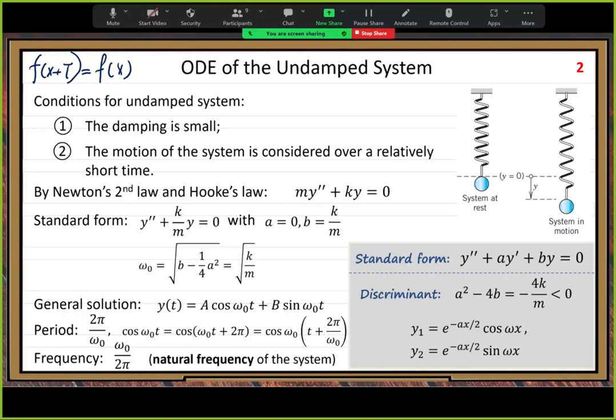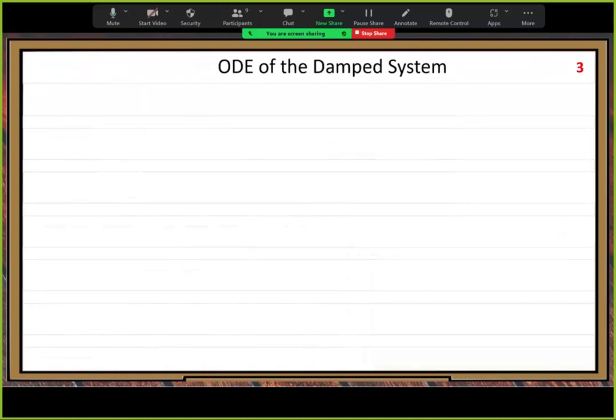All right, so we finish the first, simplest case for the system. Second, this time the ODE of the damped system. Now we need to consider the damping force.